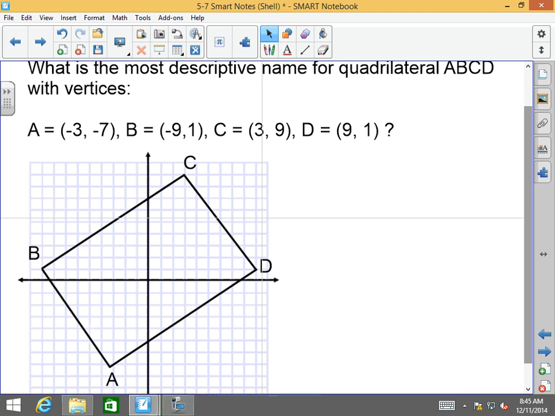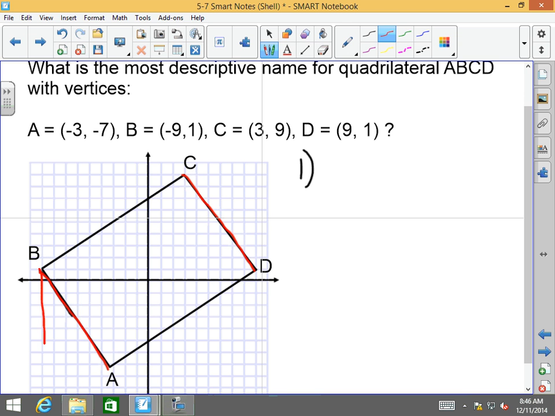So first, let's check the slopes of opposite sides. Okay? Let me change the color here to red. Let's first compare the slope of AB and CD. Now, instead of using math, let's use logic. Let's go down from left to right. I'm going down 1, 2, 3, 4, 5, 6, 7, 8.